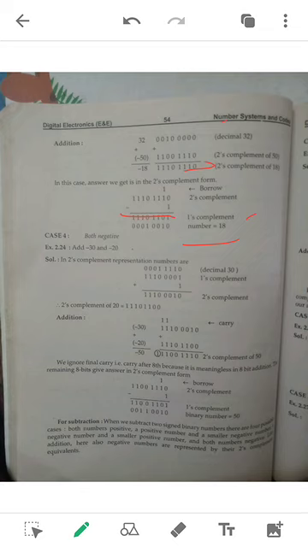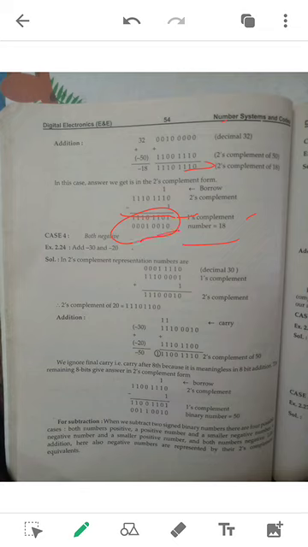You have to invert all the bits of the ones complement. Invert means if 1 is there you put 0, and if 0 is there you put 1. So you will get 18. So this is the method for case 3.